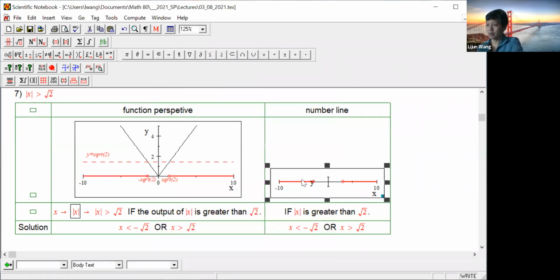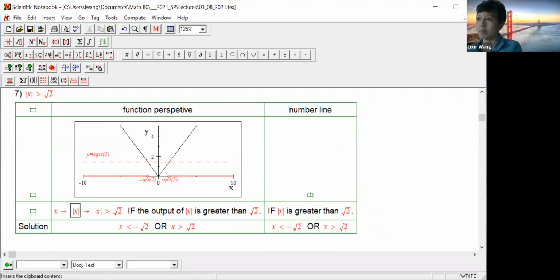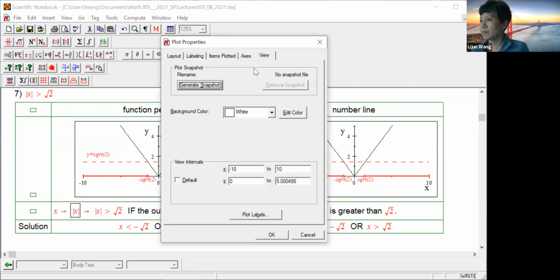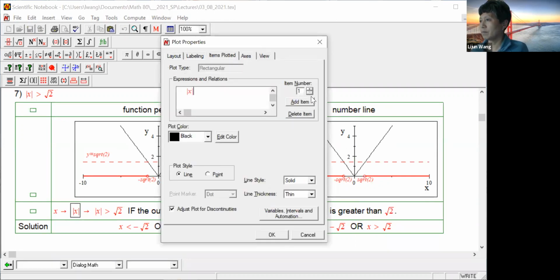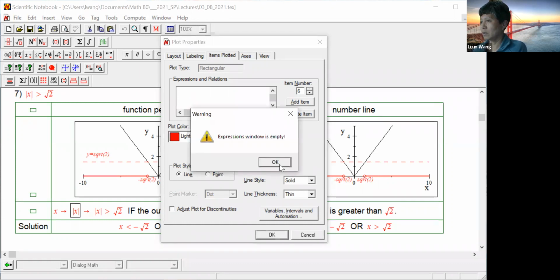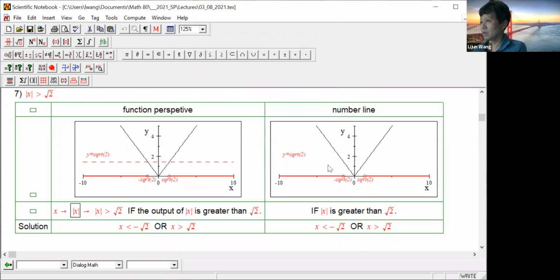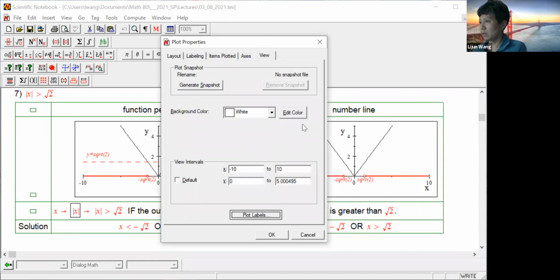Okay, I'm going to put this over here. Let's see if I can make it a faster process. I'm going to delete another thing.